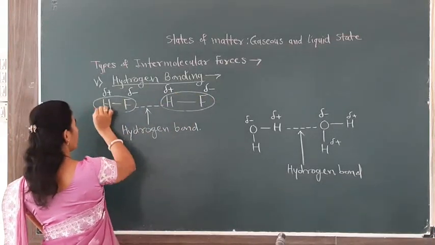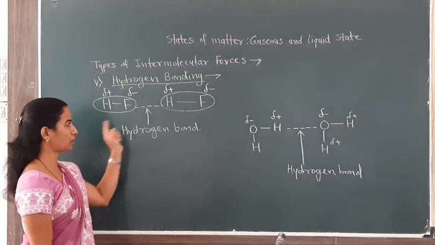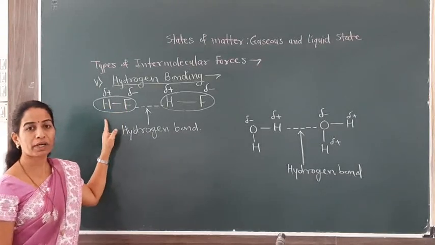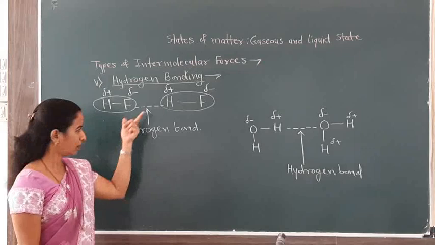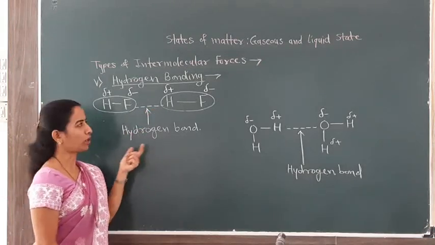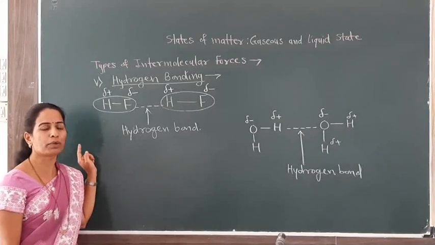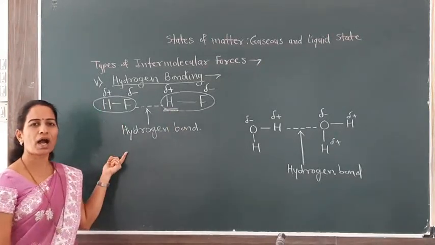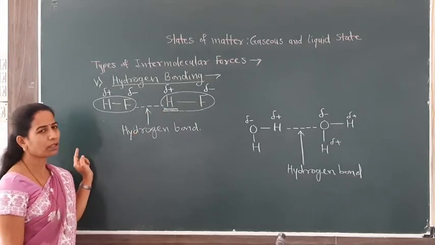You know, dipole-dipole interaction is created between two polar molecules. Here also these molecules are polar, but they interact through the hydrogen bond. This interaction can also be named a dipole-dipole interaction, but especially here one of the atoms is a hydrogen atom and therefore it is called a hydrogen bond.